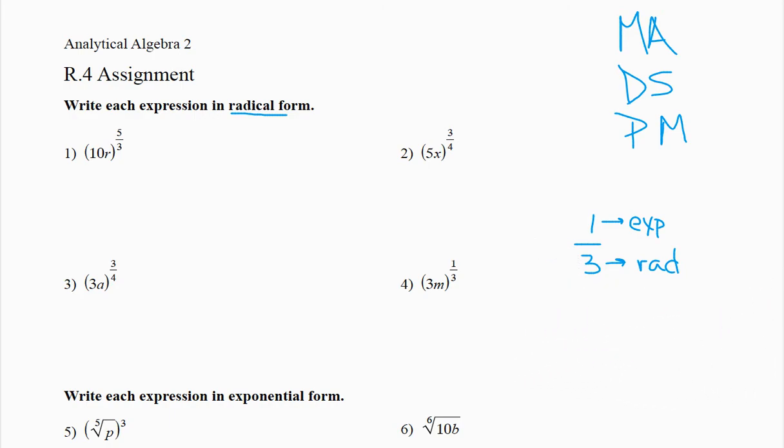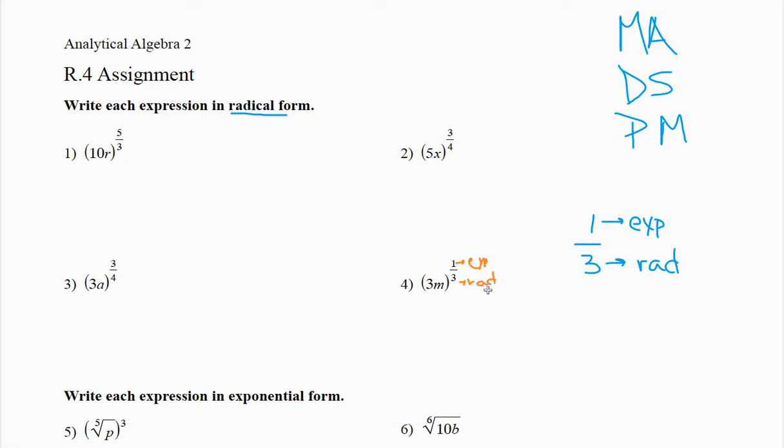So, given that information, the 1 becomes the exponent, and the 3 becomes the radical.